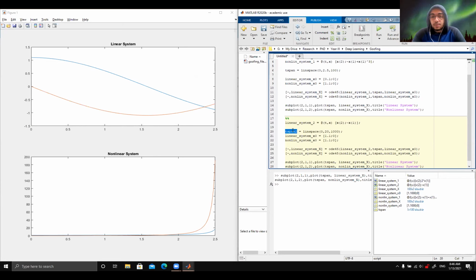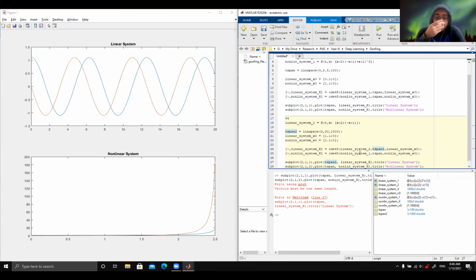We can take tspan 2 and put it here. Then we simulate this. What's the problem now? Oh, okay, this is 2.